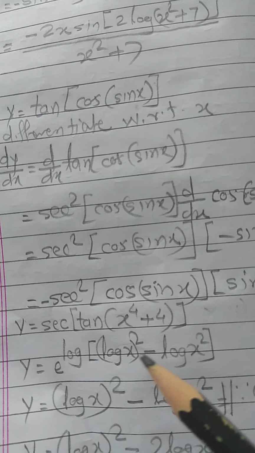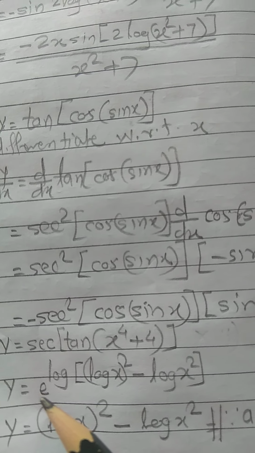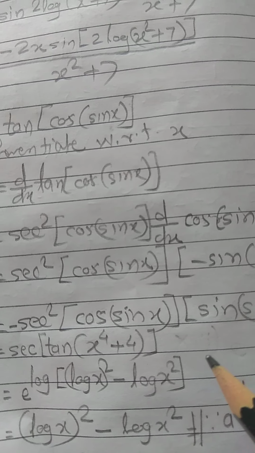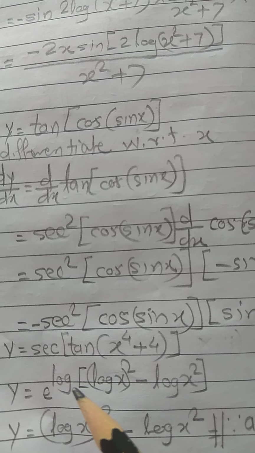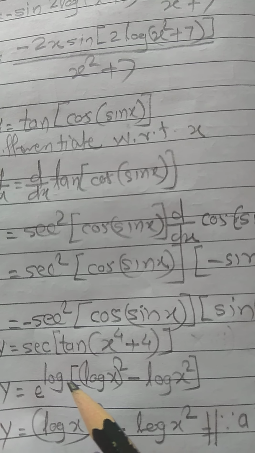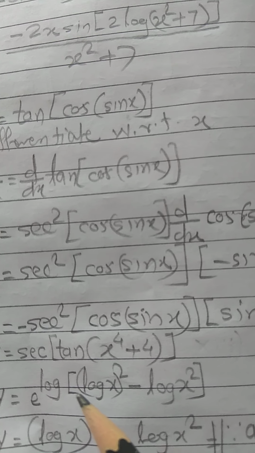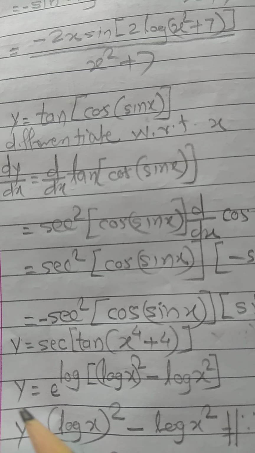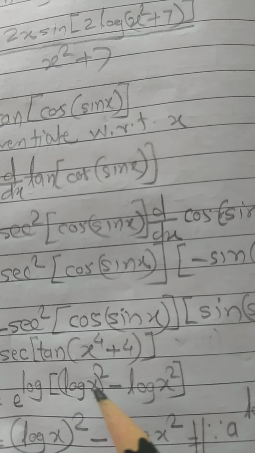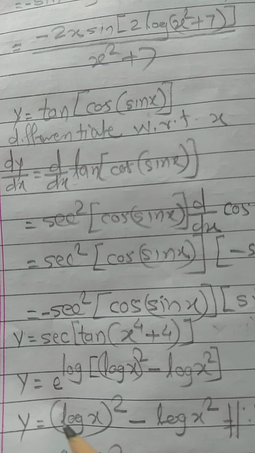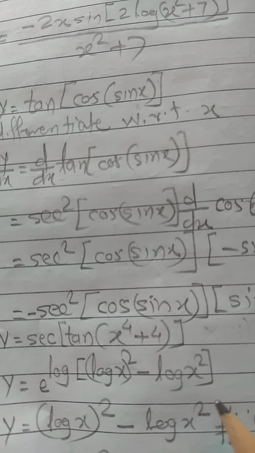Similarly, here the base is e and this bracket has the base e. So if this base is e and this is also e, we can have the simplified form of this function as log of x square minus log of x square.